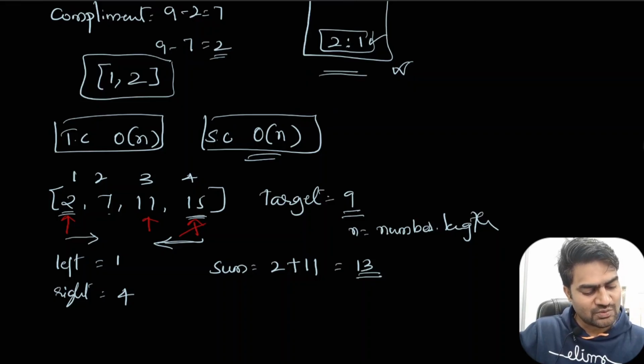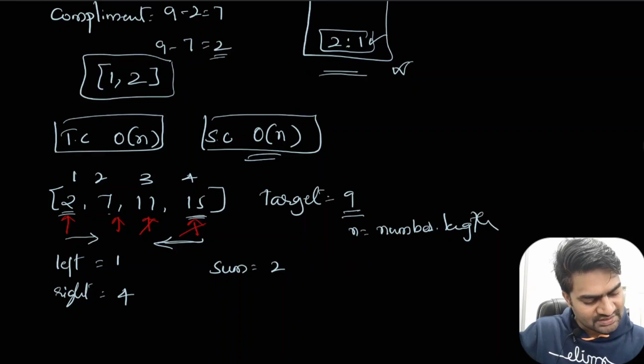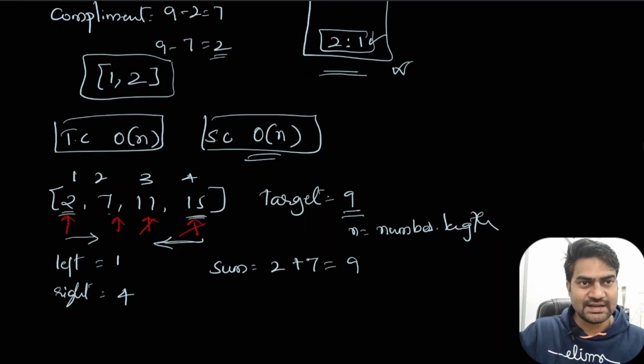So now I will again move my right pointer towards left. Okay, so if I move that left, now my right pointer is pointing to 7. Now if I try to compute the sum, it is 2 plus 7, which is 9.